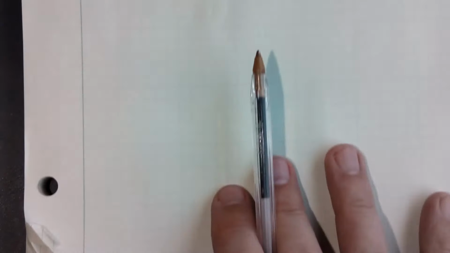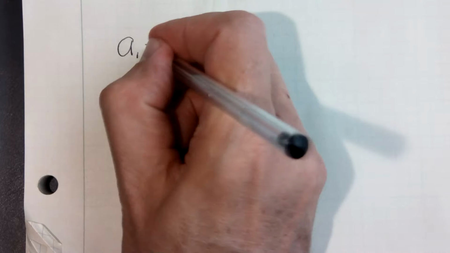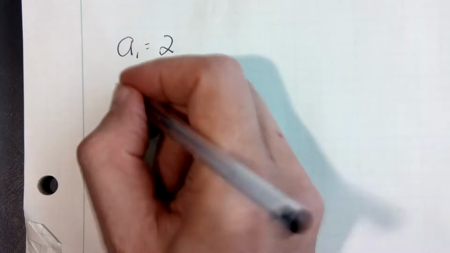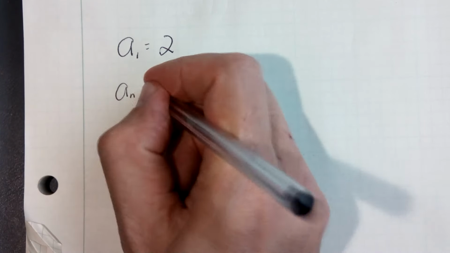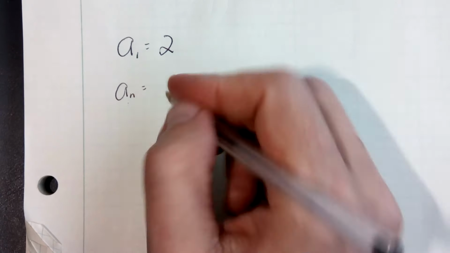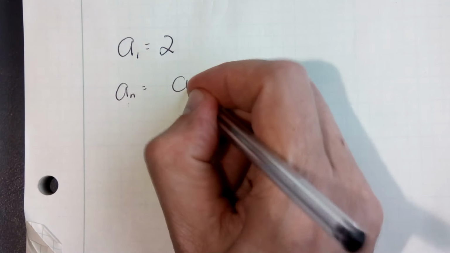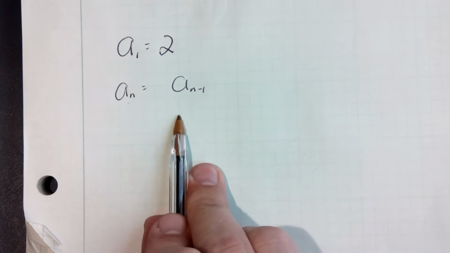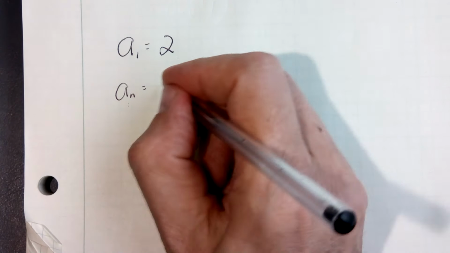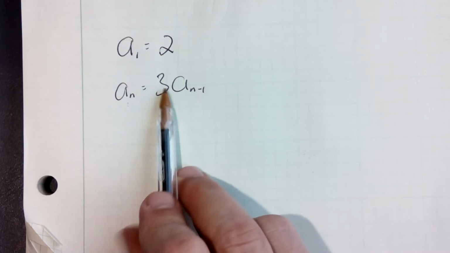We could be doing multiplication. So let's do another one. Let's say that the first term is 2, and to get to a term, we take the previous term, that's this n minus 1, and now let's multiply by 3. So usually they put that in front, 3 times the previous term.